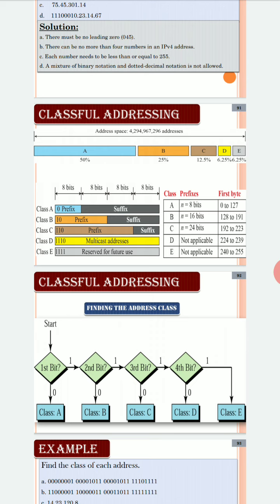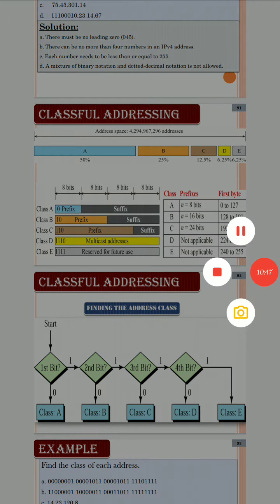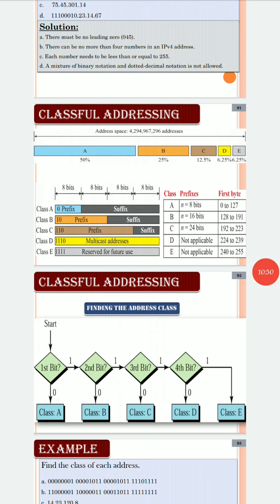This scheme we call classful addressing. In classful addressing, there are 5 different types based on the size of the prefix: class A, class B, class C, class D, and class E.